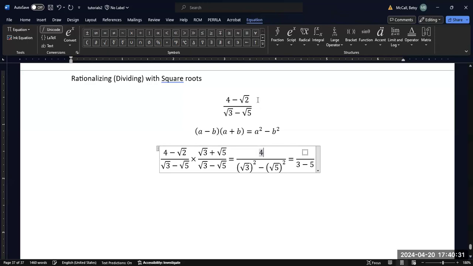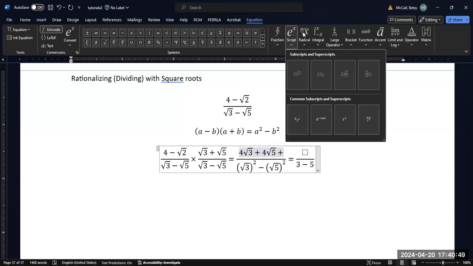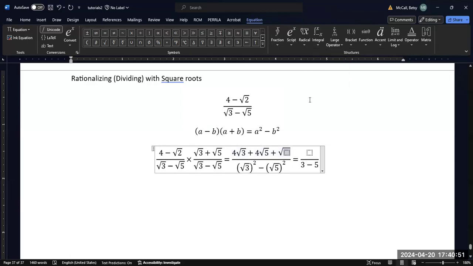So 4 square root of 3, and then 4 times the square root of 5, and then square root of 2 times the square root of 3 is the square root of 6, and the square root of 2 times the square root of 5, except this is going to be a minus, is also going to be a minus square root of 10.